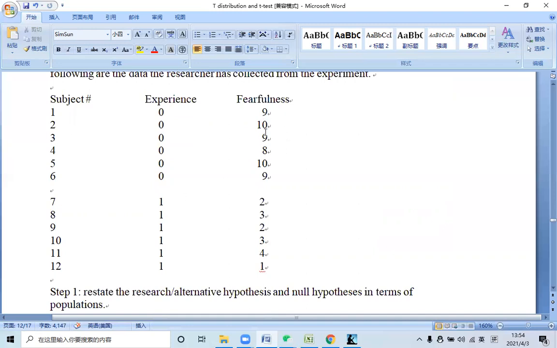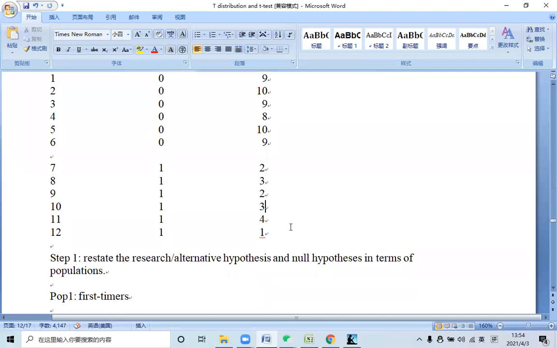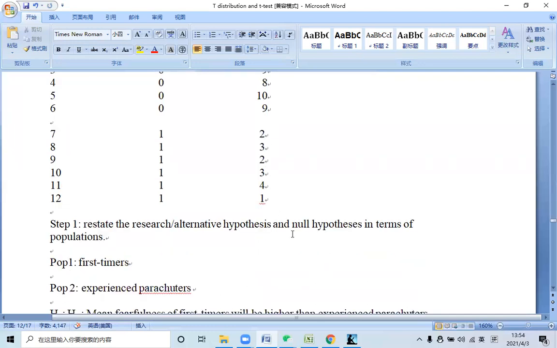And then the dependent variable is fearfulness, how fearful they are. The first timers were really fearful. On the other hand, those people who are experienced are less fearful.